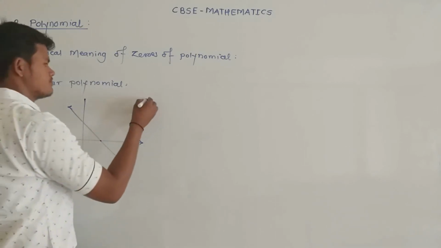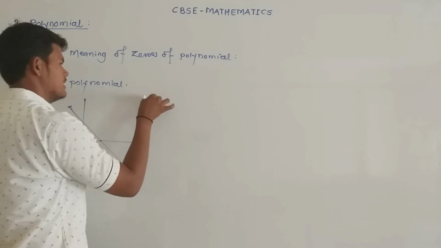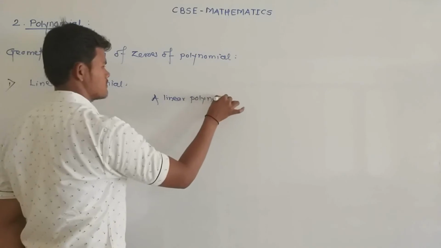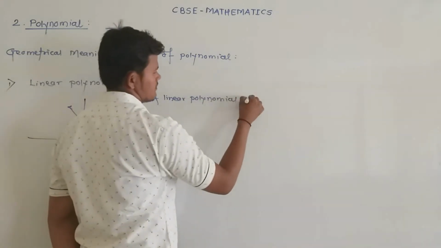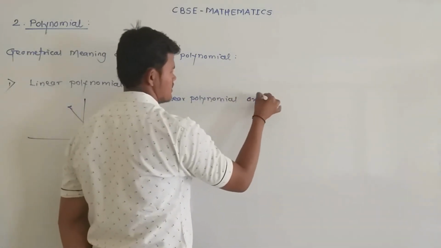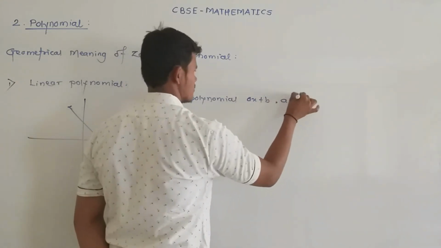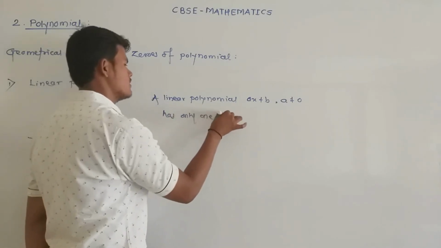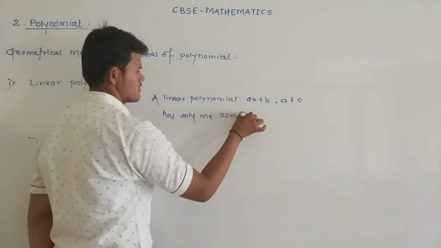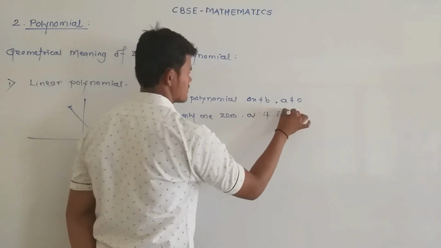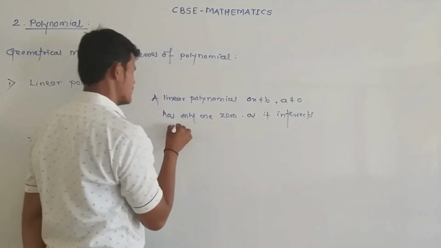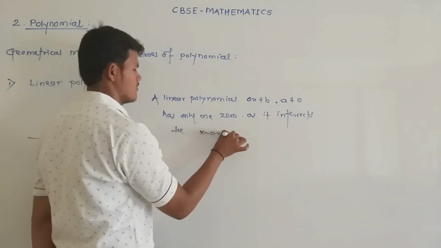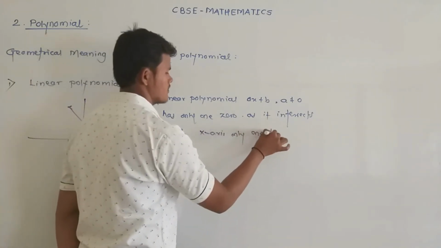That is, a linear polynomial ax plus b, where a is not equal to 0, has only one zero as it intersects the x-axis only one time.